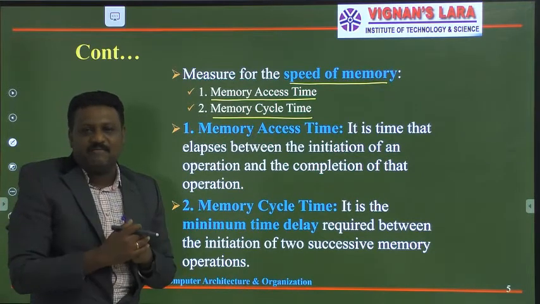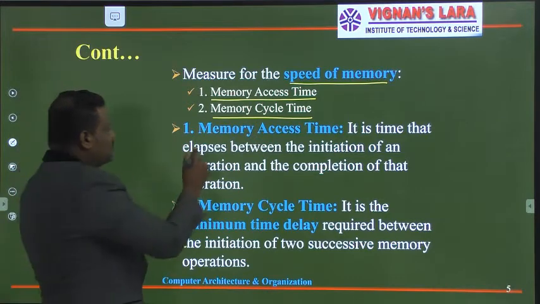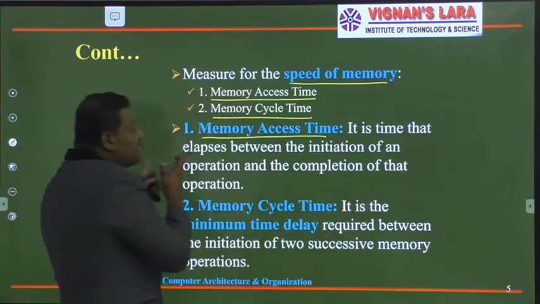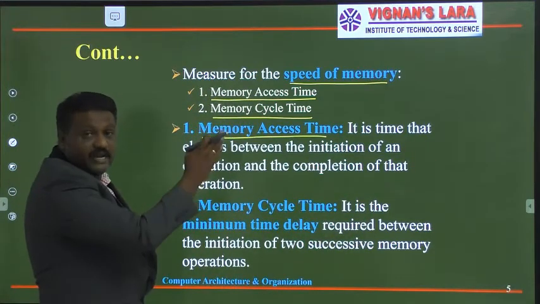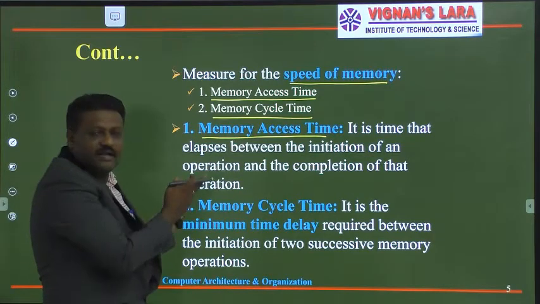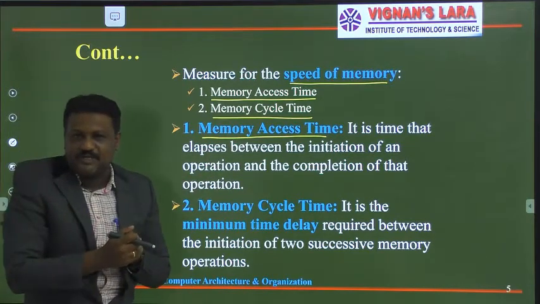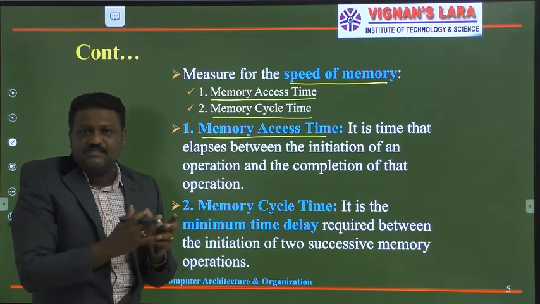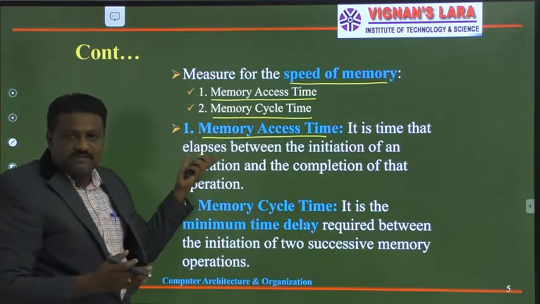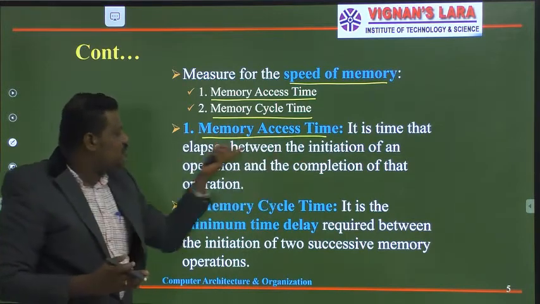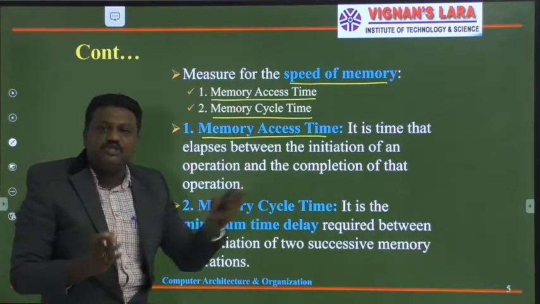What are these two? The first one, memory access time, is the time that elapses between the initiation of an operation and the completion of that operation.